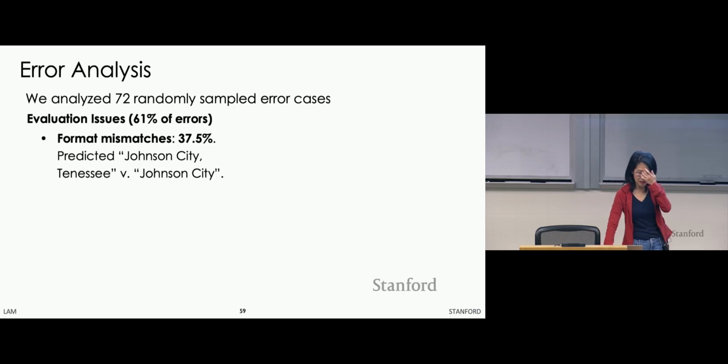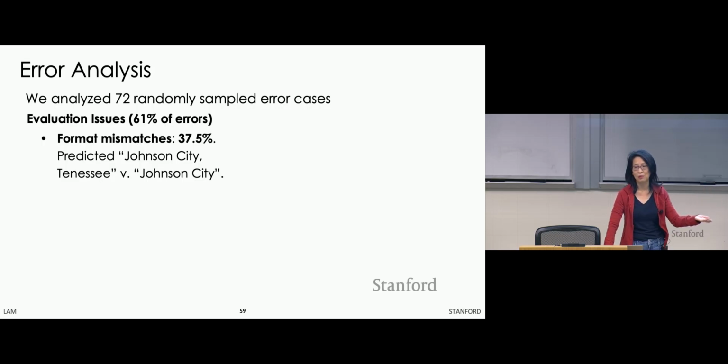It turns out that we cannot do all of it. We randomly sample. Very good trick. We discovered that 60% of the errors are evaluation issues, such as missing formats. They want me to say Johnson City, and we say Johnson City, Tennessee, and that's considered a mismatch.